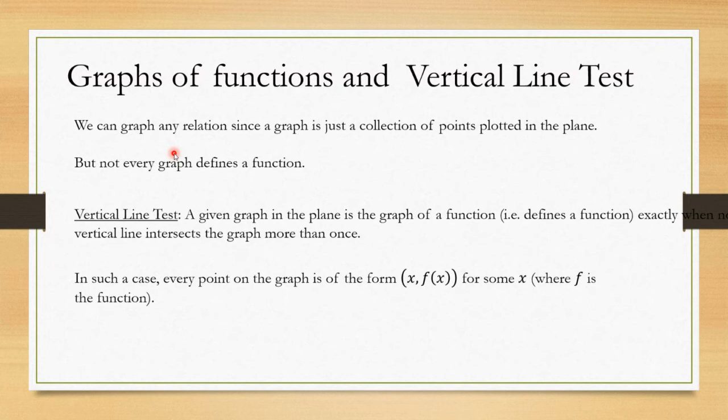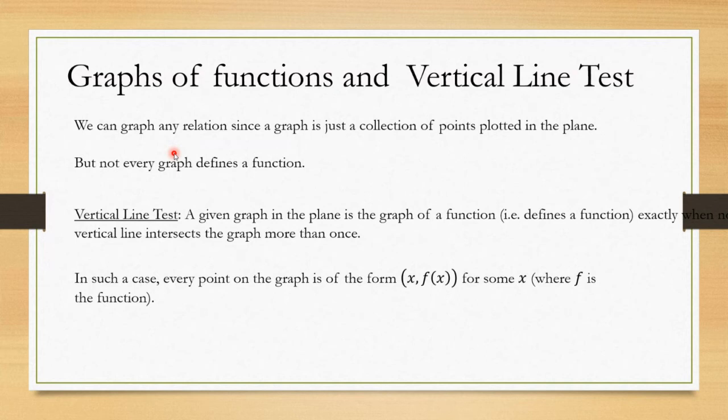That's all it is. So from any relation, we can get a graph. And theoretically, from any graph, we can get a relation, although that relation might have many elements to list.